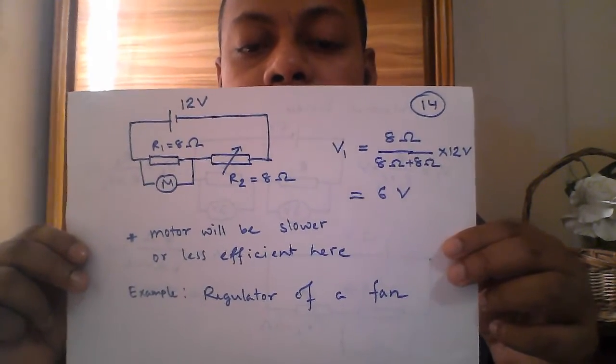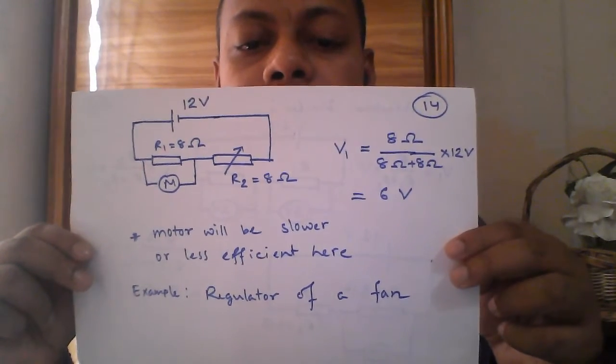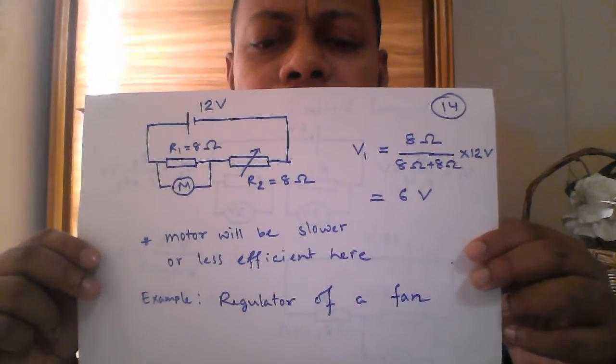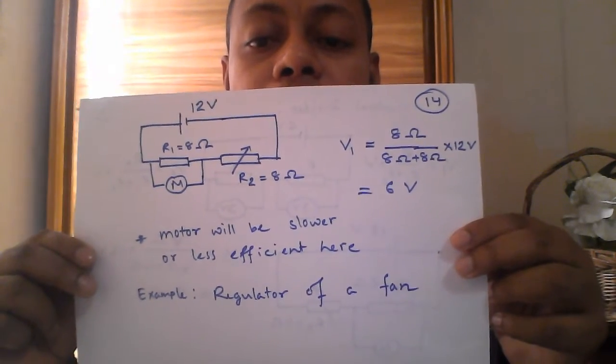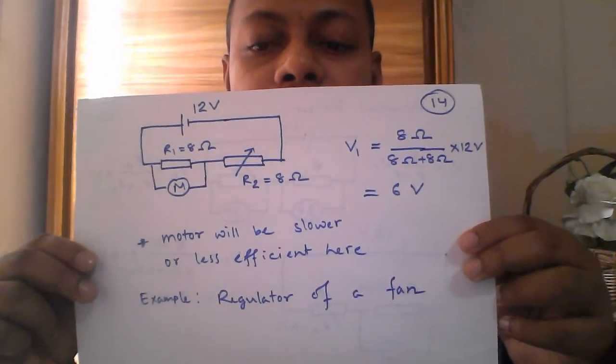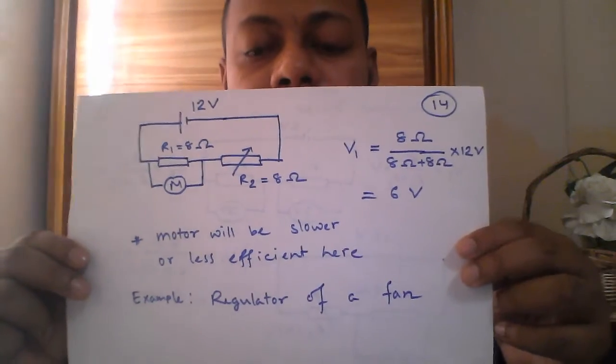According to our need, we are changing it, and it is now R2 equals 8 ohm. Again we are applying the same formula, V1 equals 8 ohm by 8 ohm plus 8 ohm into 12 volt. So here V1 comes 6 volt.